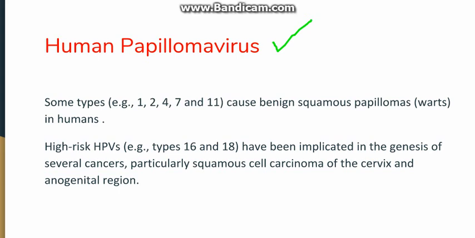The types like 1, 2, 4, 7 and 11 cause only benign warts. These 1, 2, 4, 7 and 11 are known as low risk HPVs, but there are a few high risk HPVs.